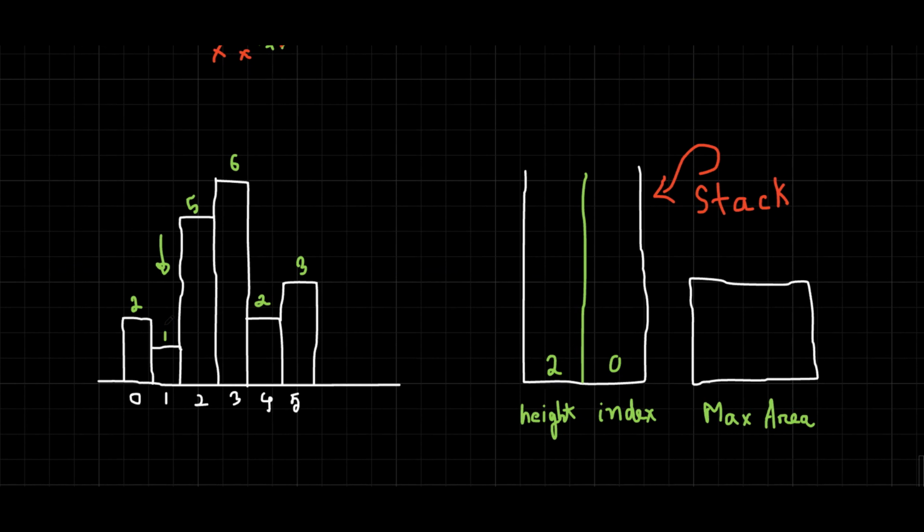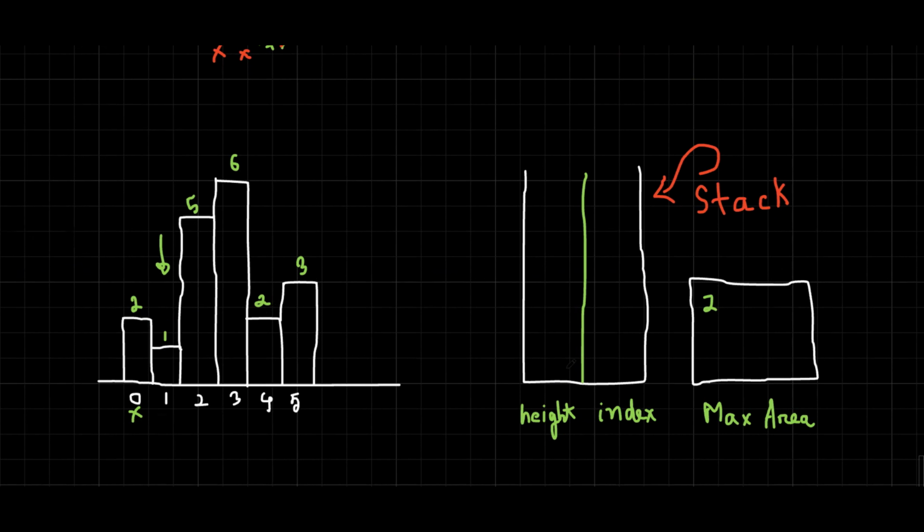So obviously 2 is greater than 1. That means we cannot extend the element 2 into the right side any further. Okay. So that's why we have to calculate this area. So here the total area will be 2 multiplied by 1, which is 2. And we have to remove this 2 from the consideration. So here we are removing the element 2 and 0.